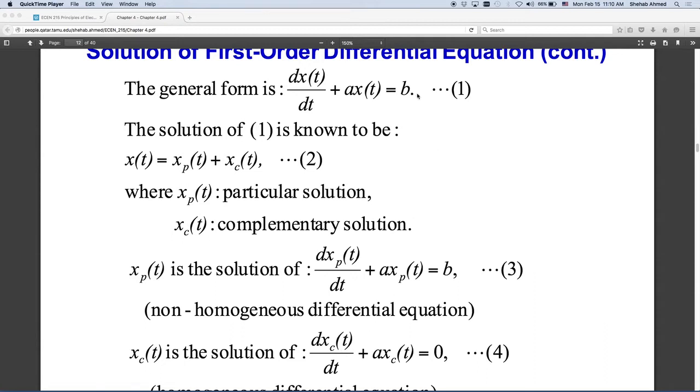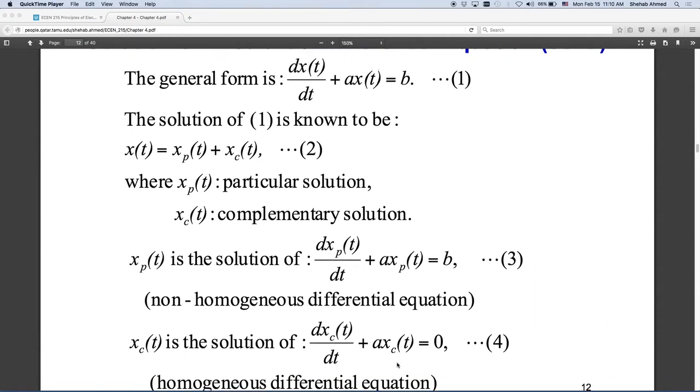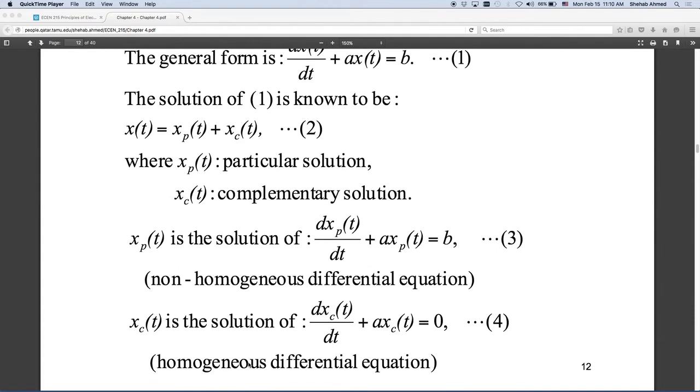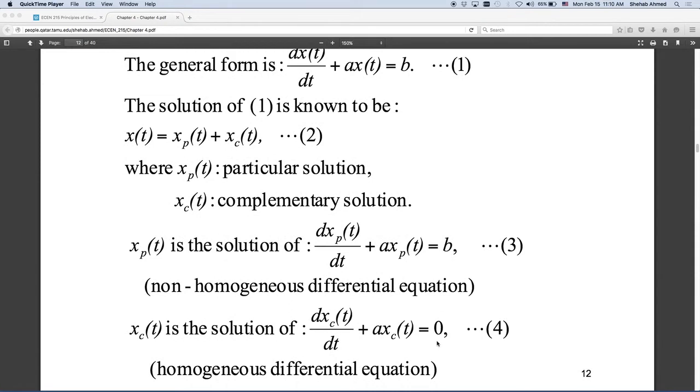So if we have a 0, it's easy, because we know the solution to this case, the homogeneous differential equation, will be nothing but the exponential form multiplied by a constant. How about if we don't have a 0? We still have to satisfy the exponential, so we envision that the solution will have this exponential multiplied by a constant, and in the other case, the solution also includes some additional constant.